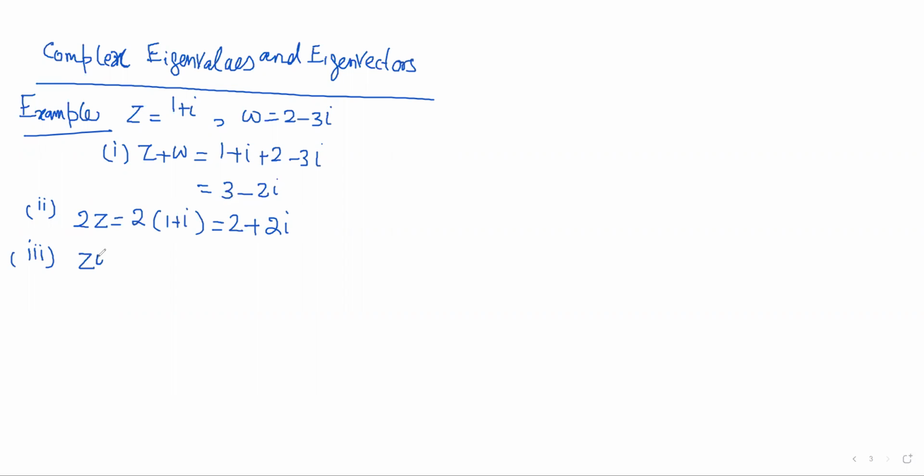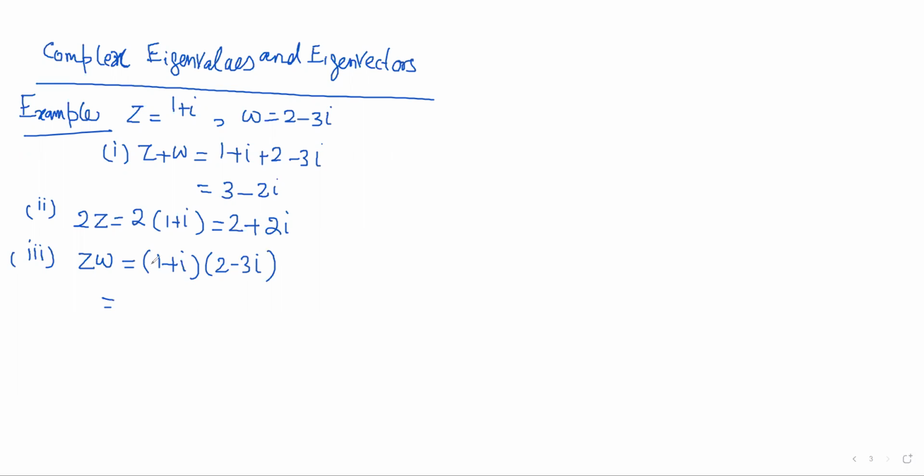Then number 3, what will be z times w? In this case, z and w are both complex numbers, so how can we multiply them? The process is similar to multiplication of algebraic expressions. z is 1 plus iota, and w is 2 minus 3 iota.